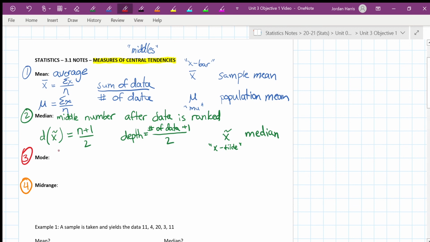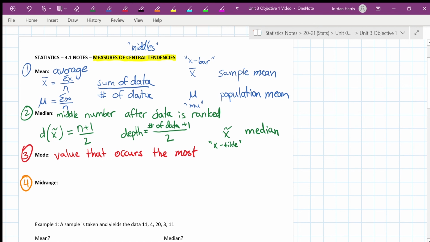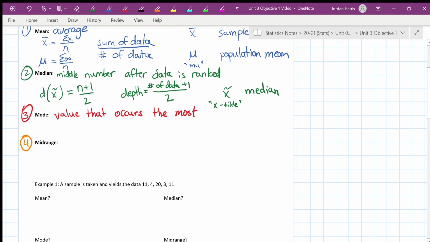Then the mode, that is the value that occurs the most. That is a middle when we're talking about qualitative values usually. That's when we use the mode, for qualitative values. And finally, we get the mid-range, which is another middle.